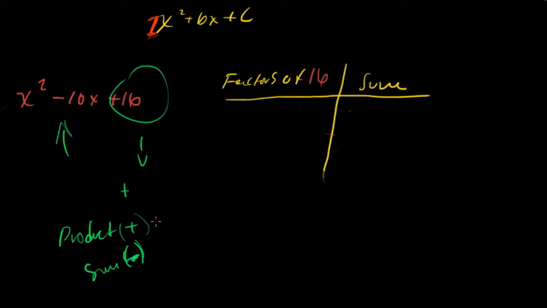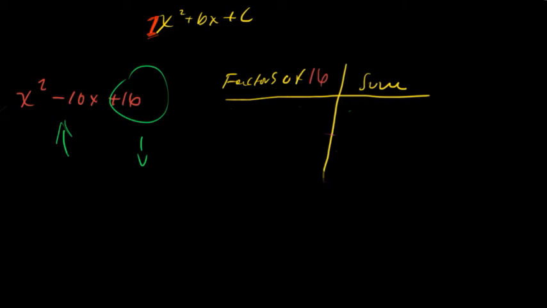That means we're going to be dealing with two negative numbers, because a negative times a negative gives me a positive, but a negative added to a negative will give me a negative. That's exactly why we're going to have two negative numbers. So let's go ahead and start this problem here.